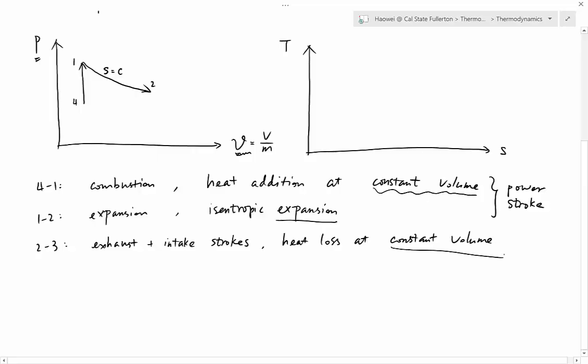And again, this is a constant volume process, so on a P versus nu diagram, it must be a vertical line. Next one, go up or down. This is a heat loss process. You lose energy, so the pressure, which is the y-coordinate, must go down. So 2-3 vertical and go down.